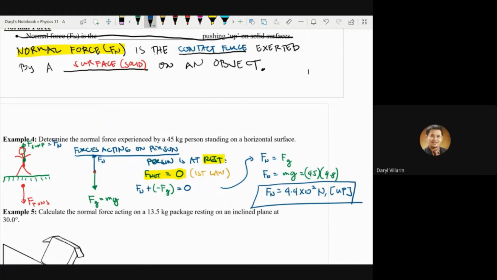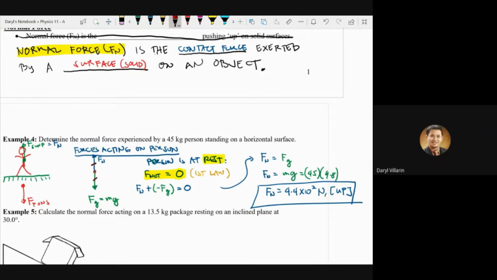Okay. So again, actually, you can already identify by just looking at the figure. If this is not moving, that means that these two forces should be equal in magnitude but opposite in direction.